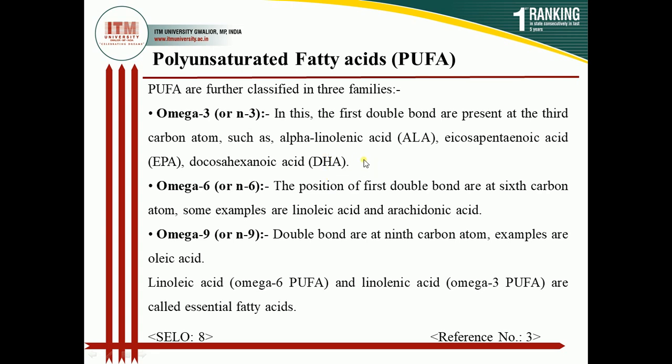These are the fish that are highly enriched with these two fatty acids, whereas the alpha linolenic acid is basically found in plants like flaxseed, walnuts, canola, and soybean oils.